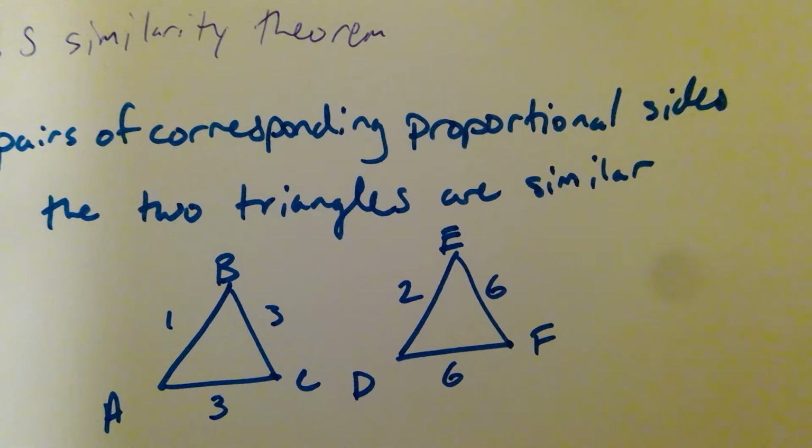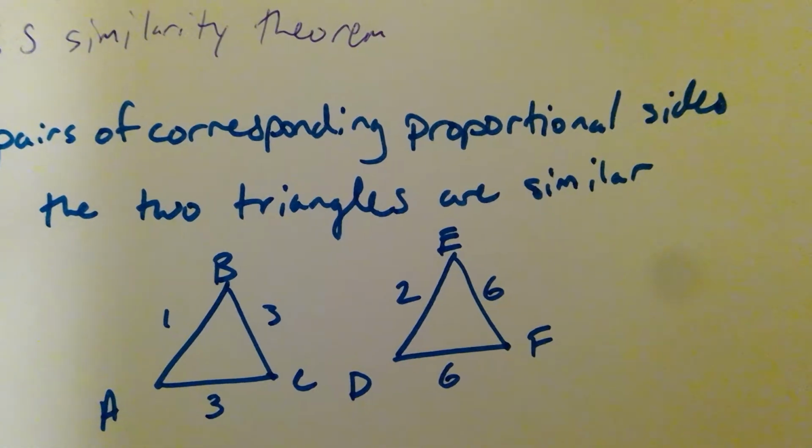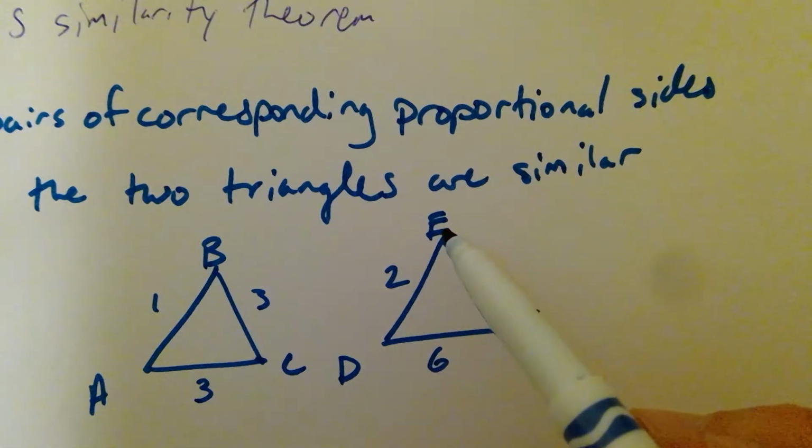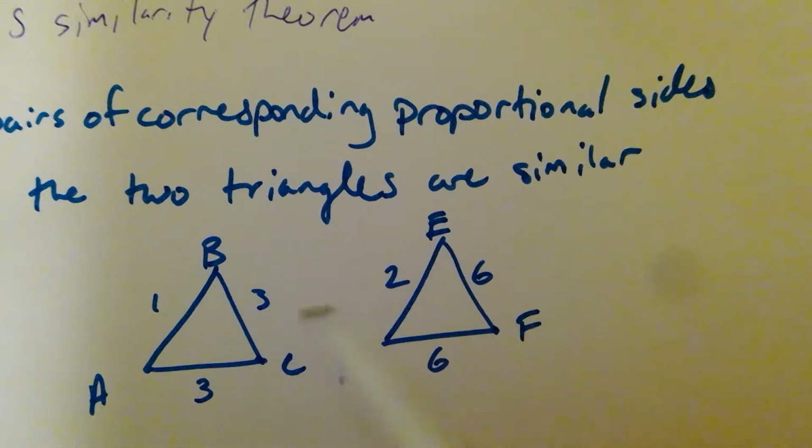Okay, now what we can tell here already is that AB to DE is 1 times 2 is 2, 3 times 2 is 6, 3 times 2 is 6. So that tells us that the corresponding sides are proportional. Now, what I need to make sure I'm specific with here is that AB matches up with DE, because AB cannot match up with EF, because AB times 6 gets me EF, but BC times 2 gets me DF.